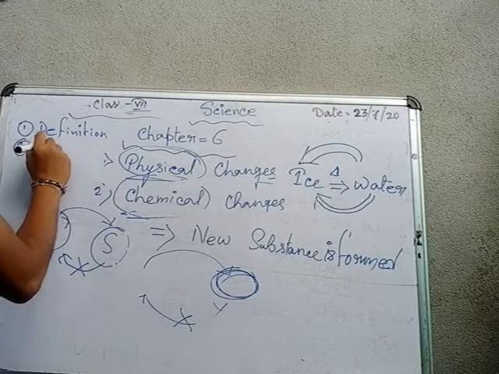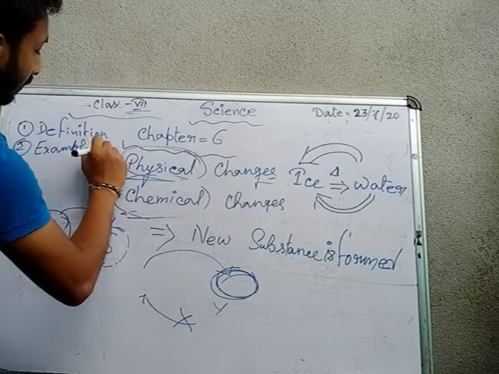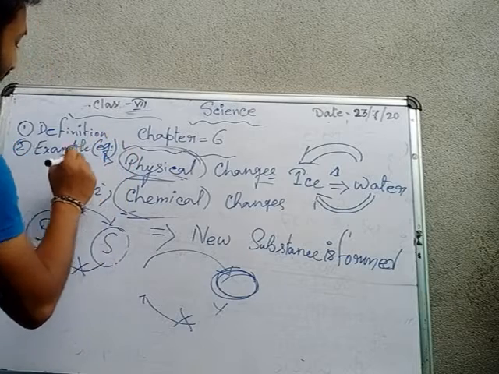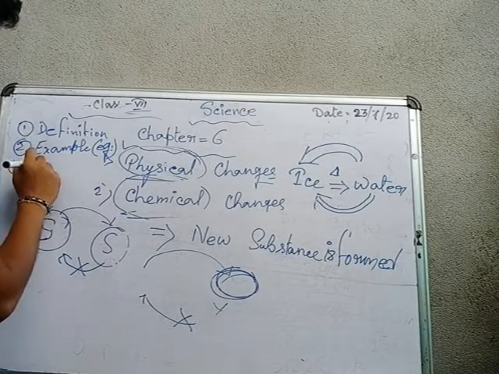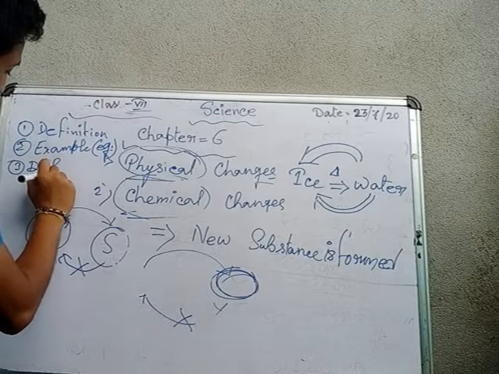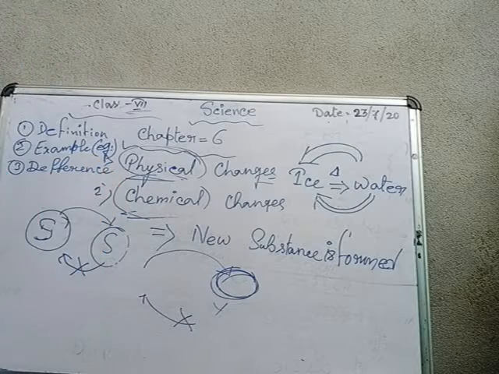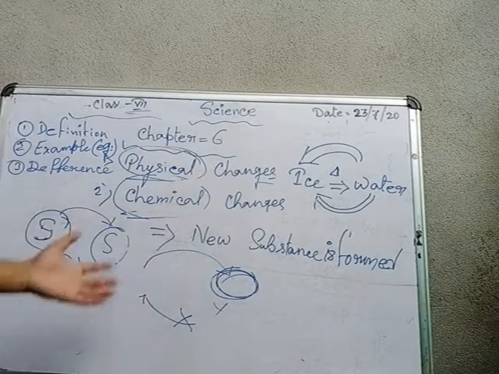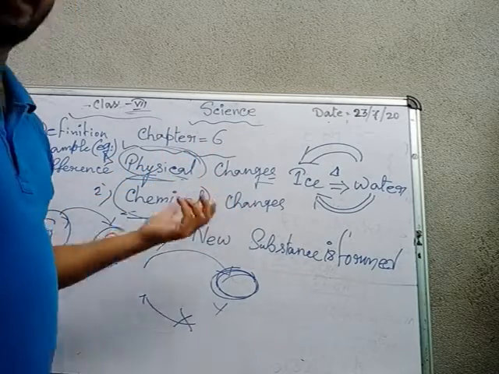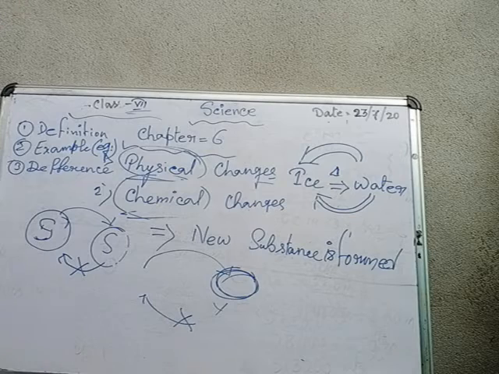Then examples, short form EG. Then number 3, the difference between these changes. I will give you some examples. You will detect which one is the chemical and which one is the physical change. So these are all about today's class from science.